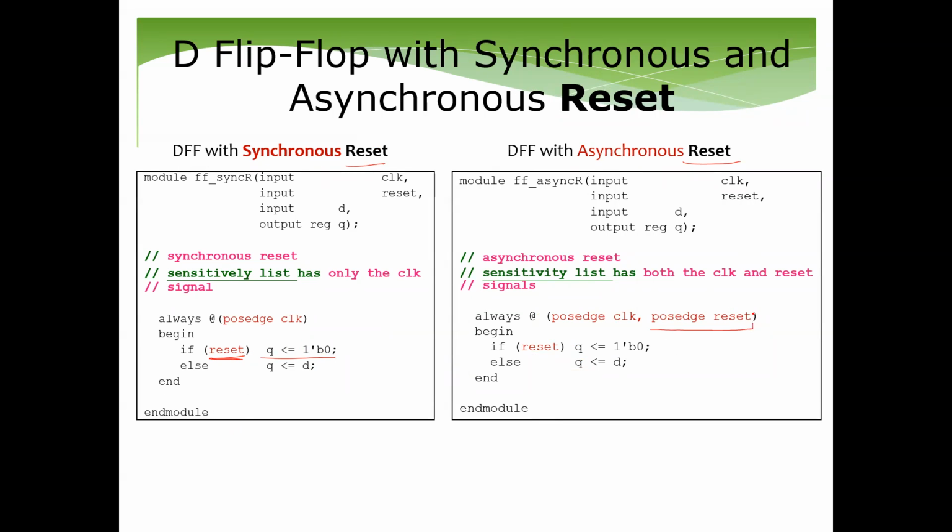Second is here. In the previous one, we used negative edge of reset N because it is active low. Here you need to use the positive edge of reset. So this is going to be a synchronous reset on an active high reset, and this is going to be an asynchronous reset on an active high reset signal.